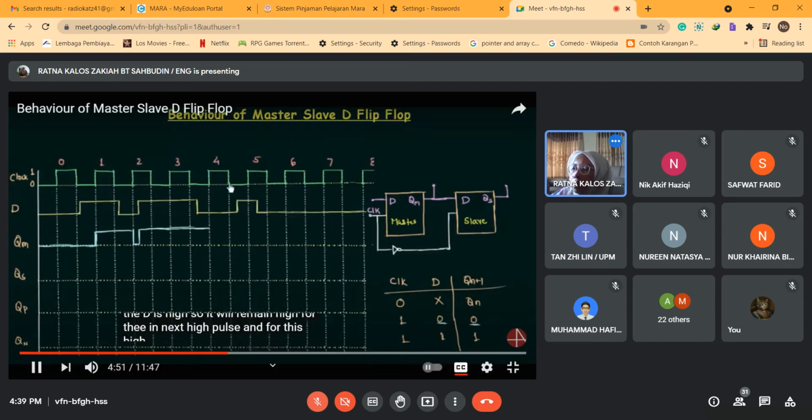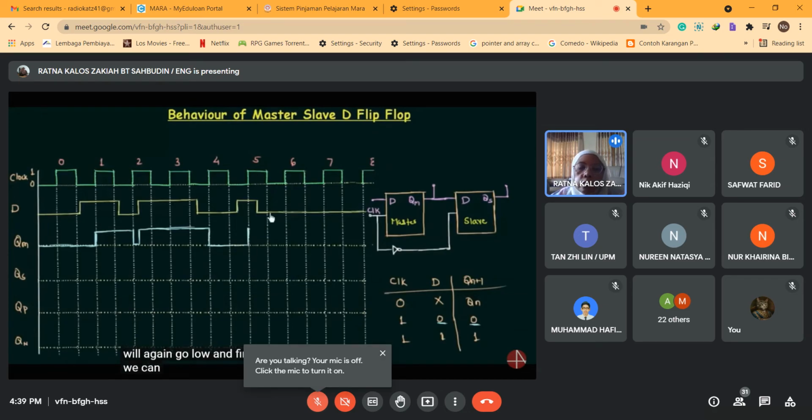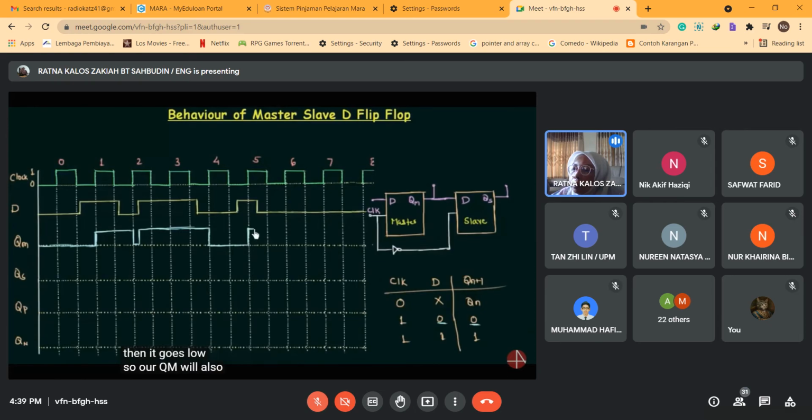And for this high pulse, you can see D is low, so it will again go low. And finally, here again we can see the input signal is changed during the clock. It is high initially, then it goes low. So our QM will also follow this. It will remain high initially and then it will go low.